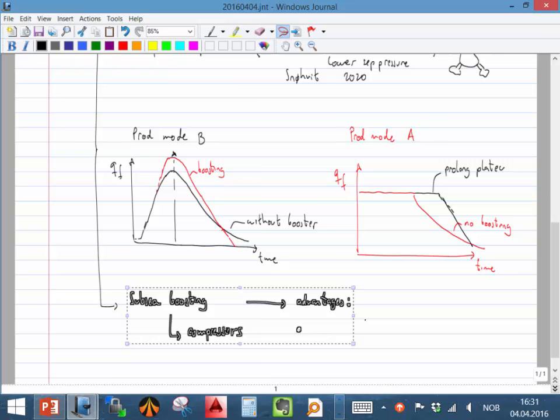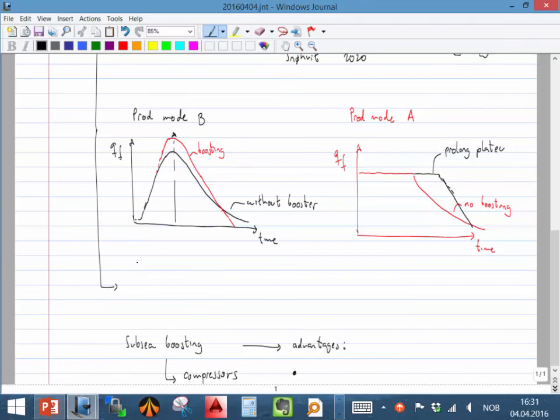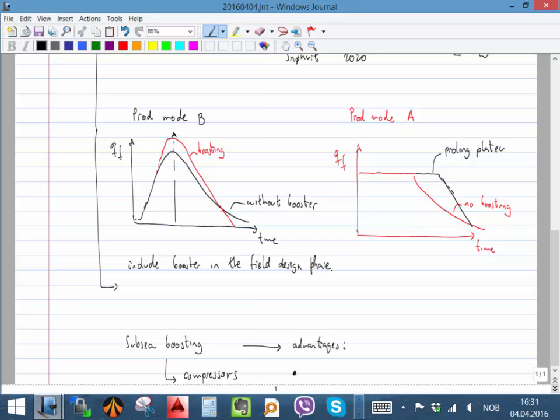I have to include already that in the budget. So here I have to include the booster in the field design or development phase. It already has to be there from the beginning. I already have to accommodate all the facilities for that.